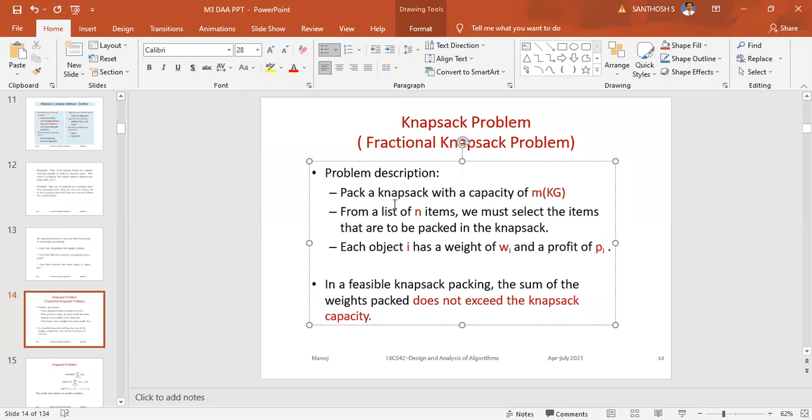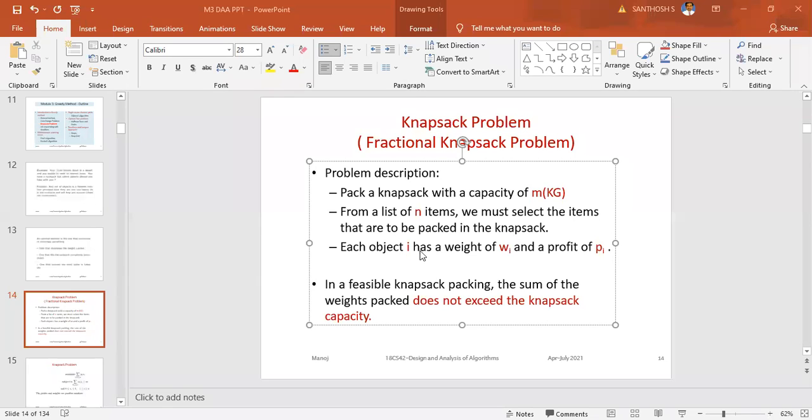So many items are there, and we must select the items that are to be packed in the knapsack. Understand carefully: there is a knapsack with a capacity of M kg and many items.